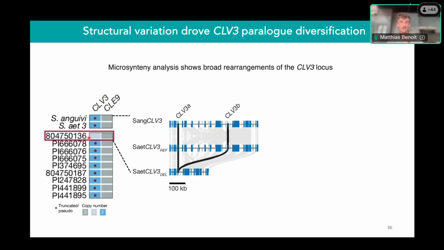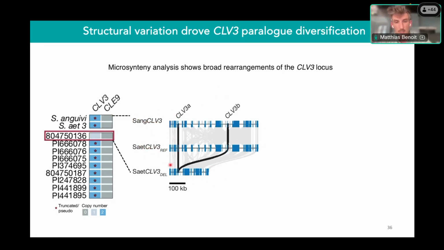So we dove into that and looked in more detail at what happened in terms of genome structure at this locus, and microsynteny analysis showed very broad rearrangement at the clavata3 locus. Here I'm showing you the syntenic region between anguivi, which is the wild progenitor, and the reference ethiopicum genome, the one with one functional and one non-functional clavata3 copy.